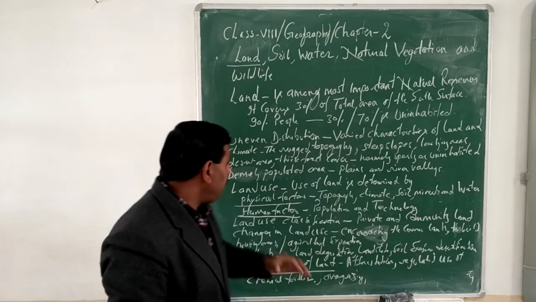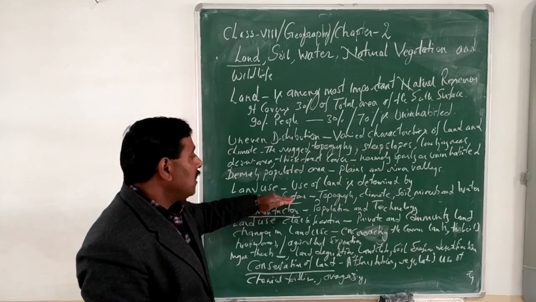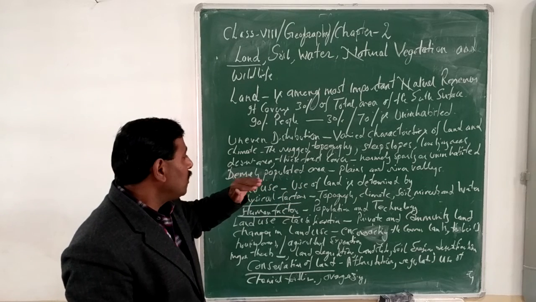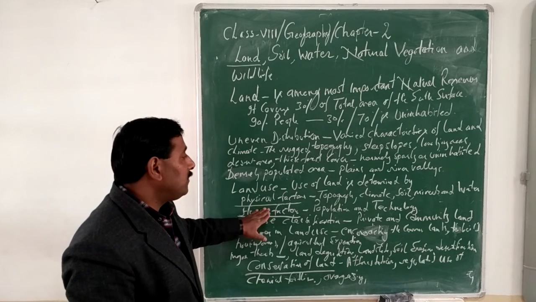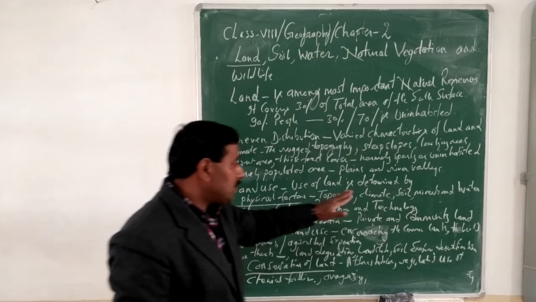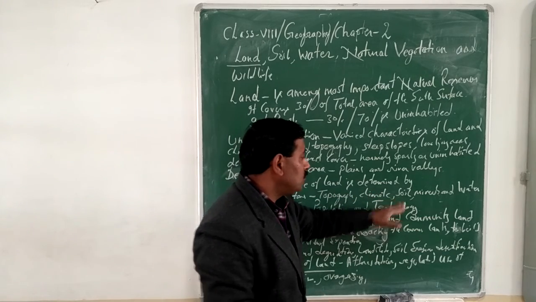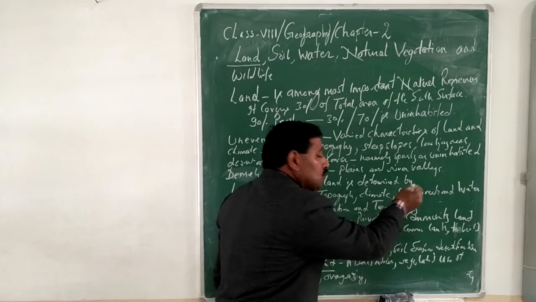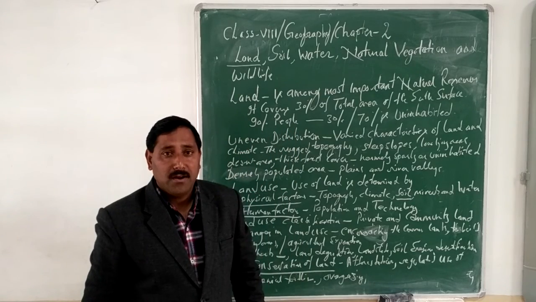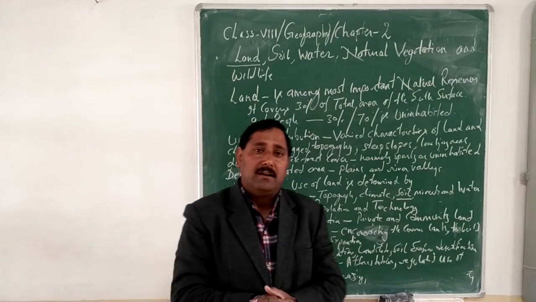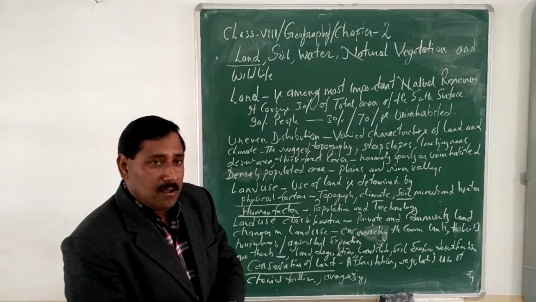So all these are physical factors which we are studying, which determine the use of land. So this is about the climate. Now let's come to the soil. Soil is very, very important factor which determine the use of land.